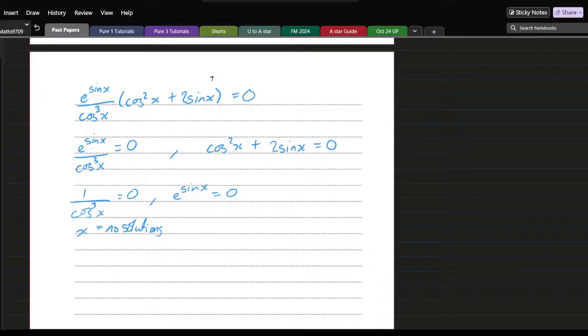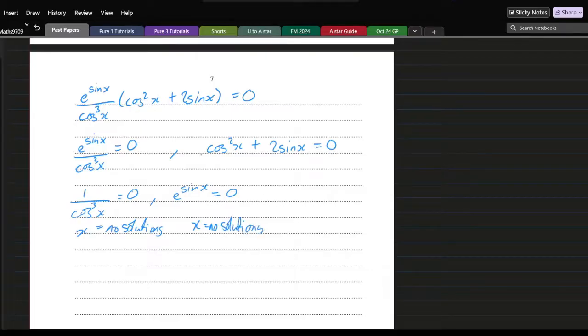And then for this one, e to the sine x, to get rid of the exponential, we'd have to apply the natural logarithm to both sides. But if we do that, we also end up with no solutions because ln 0 does not exist. So we also end up with no solutions here.